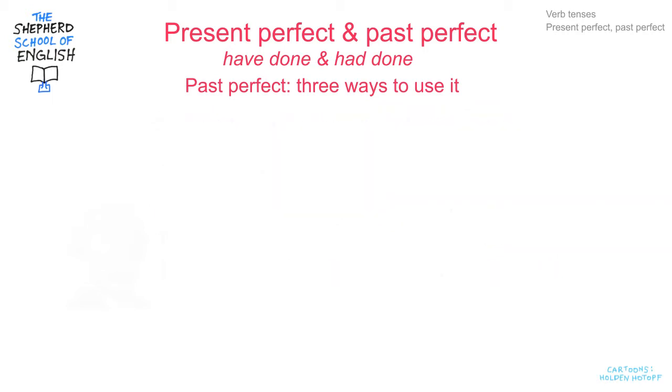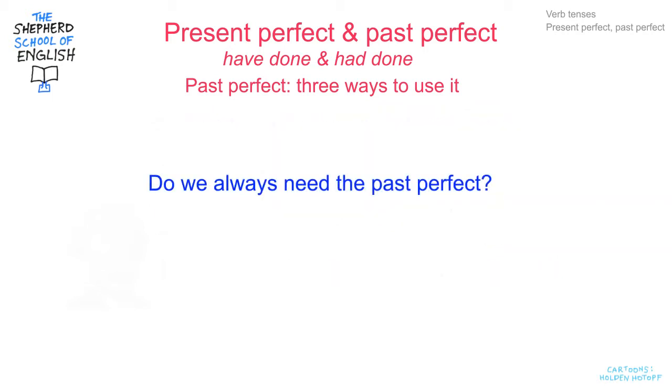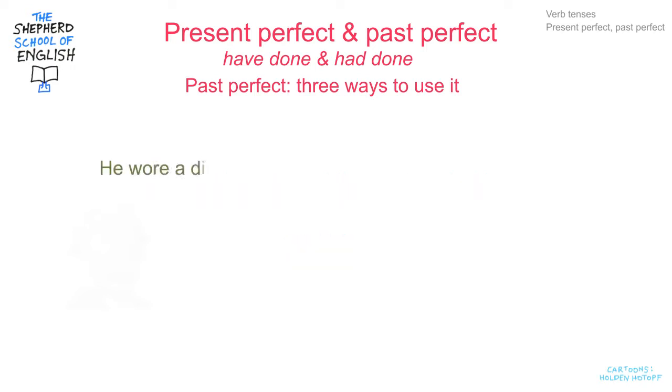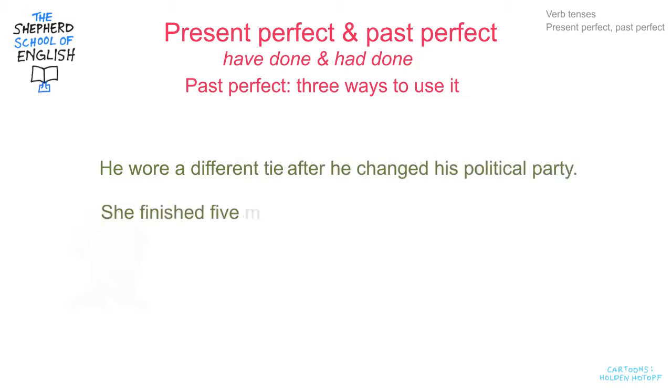One final thing. Do we always need the past perfect? Answer, no. Look at these two sentences. He wore a different tie after he changed his political party. She finished 5 minutes before I arrived. Two things happened in the past. Which came first?